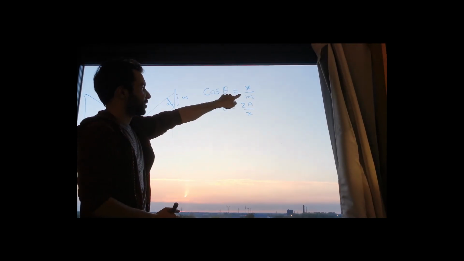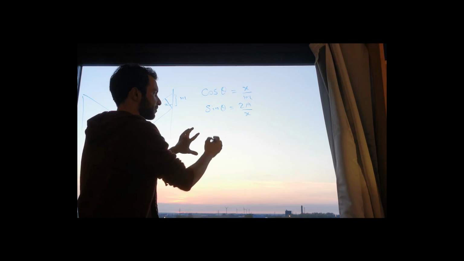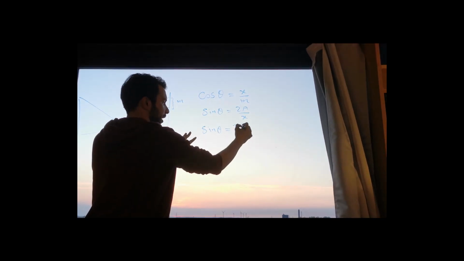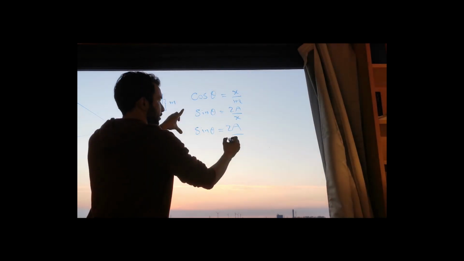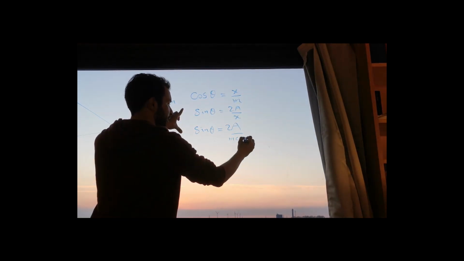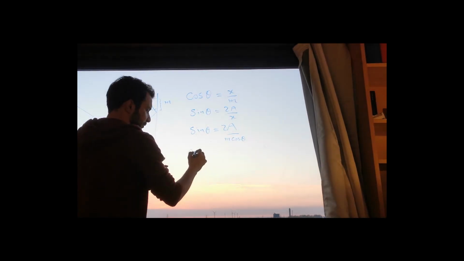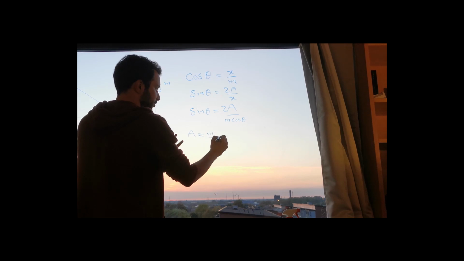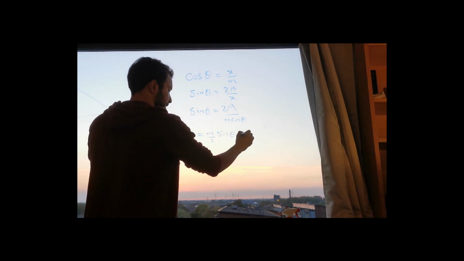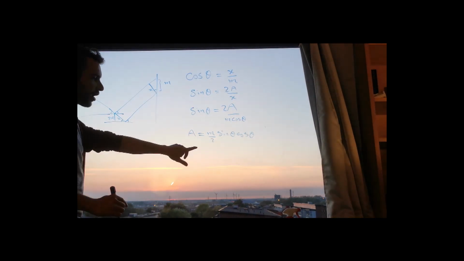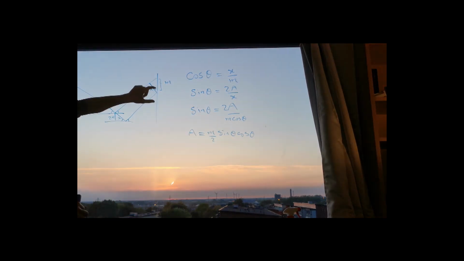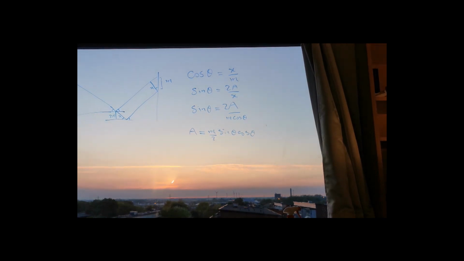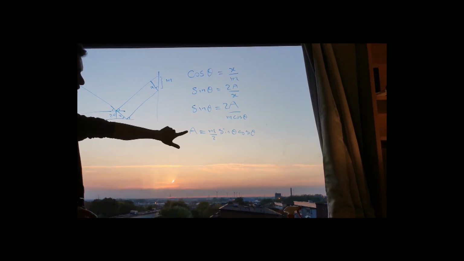And from the first equation, I can get rid of x, so sine theta is equal to 2a divided by m cosine theta. So we end up with a being equal to m divided by 2 sine theta cosine theta. And that's great, because now we have m, which is the oscillation on the wall, and sine theta cosine theta, which is an angle we can measure. So that's a way to measure a.